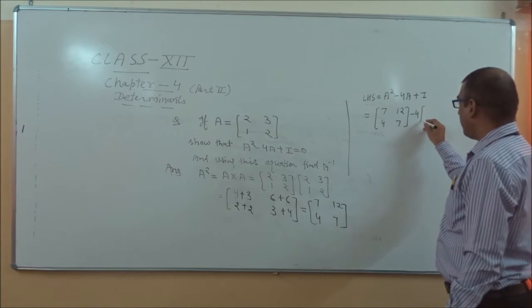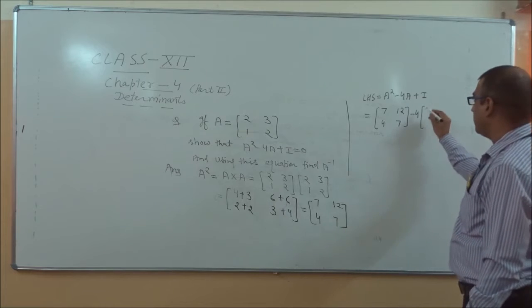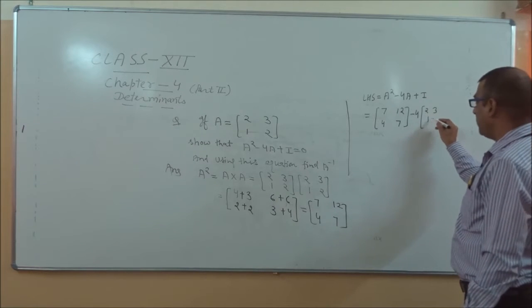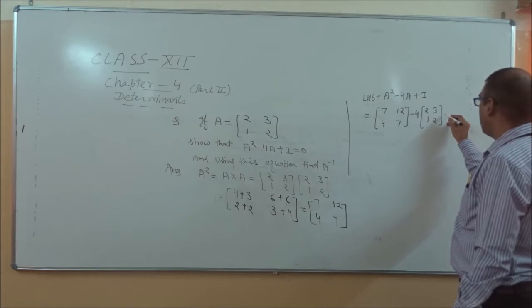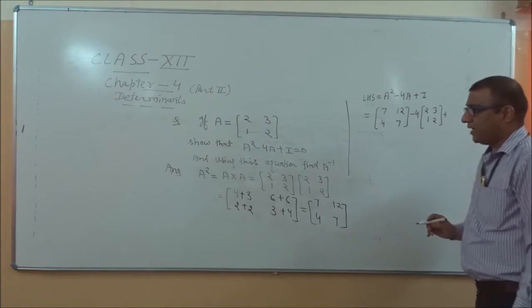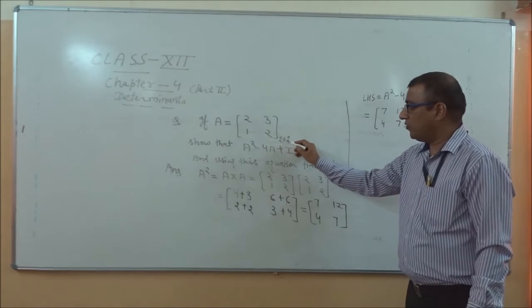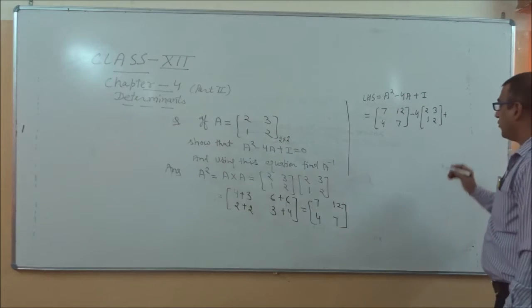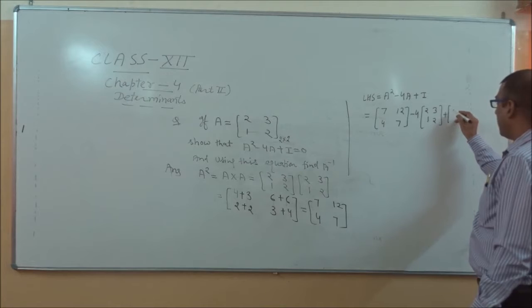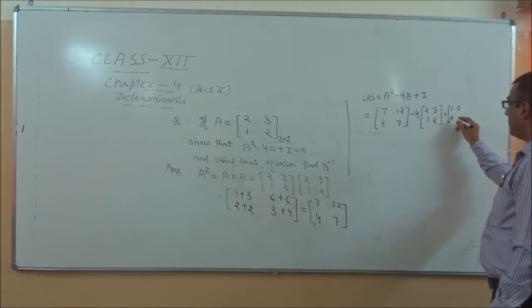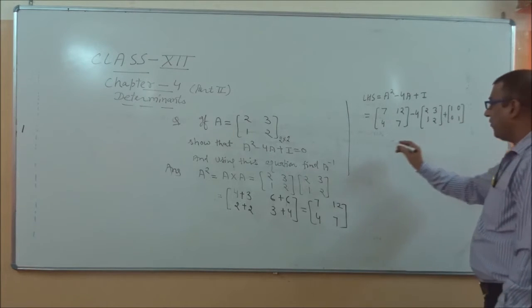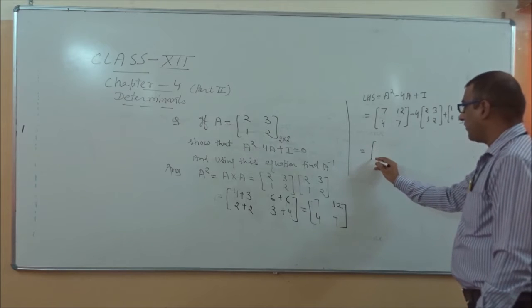We will put the value of A. The value of A is 2, 3, 1, 2, and then put the value of I. If you see here, the order of the matrix is 2 into 2. It means the order of I is also 2 into 2. It is the identity matrix. So this is your 1, 0, 0 and 1. And now we will solve it. Let's see what will come.